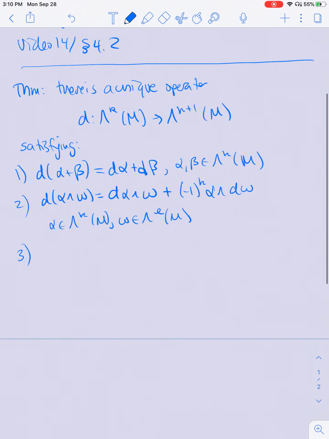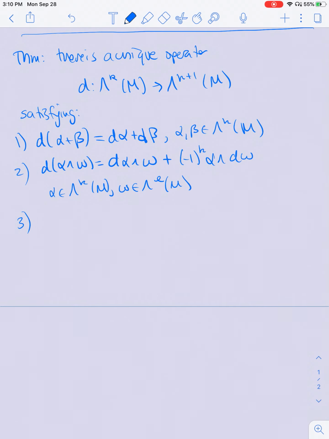And then the third property I want it to satisfy is I want d squared of alpha to be 0. So when I apply d twice, I get 0. In your book, Fortney usually writes this, and I also will often write this, d squared is 0.